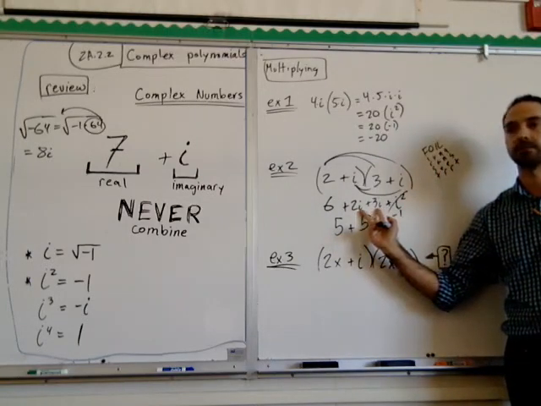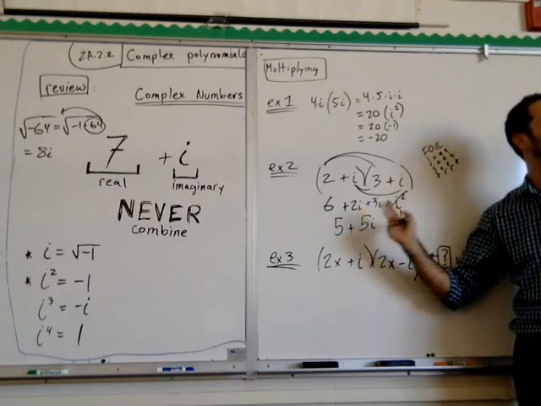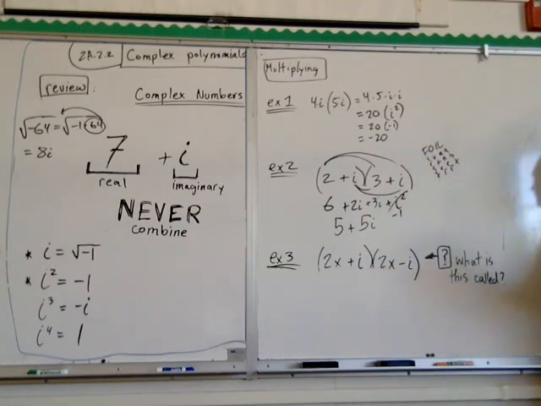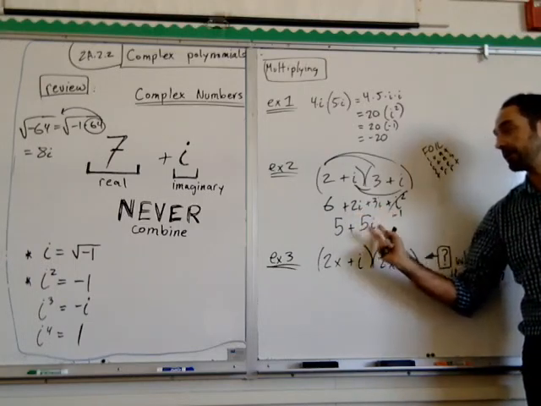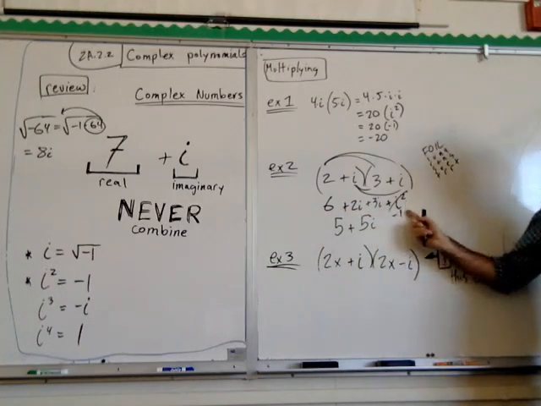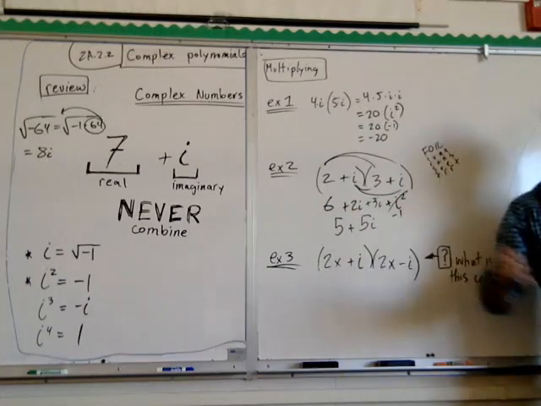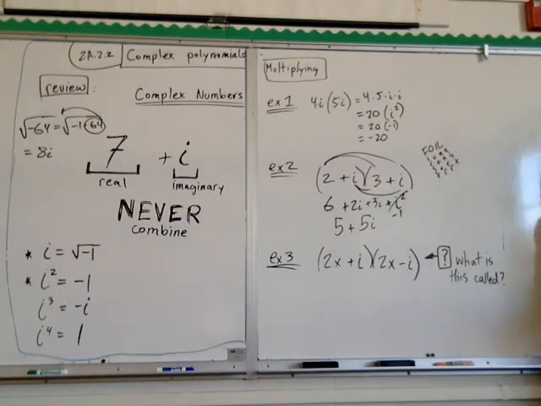It's 5x. i is not a variable, but we can still deal with it as if these are like terms. This is i and i, so it's 2i plus 3i, 5i. The i squared was -1, so that's why it's 6 minus 1. So far, so good. Really, it's nothing new, right? We just have to apply it and remember it a little bit.